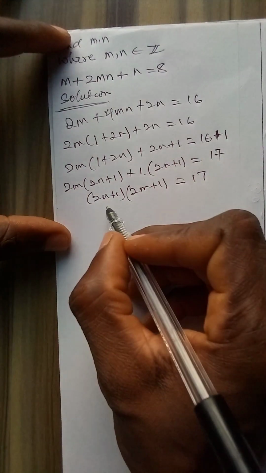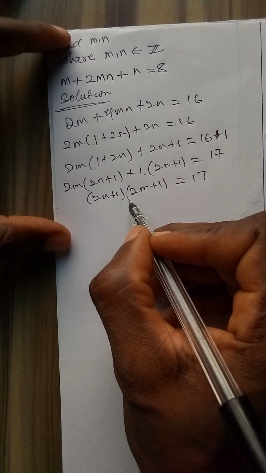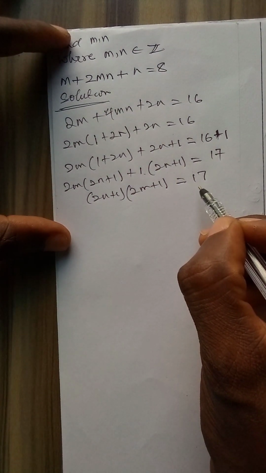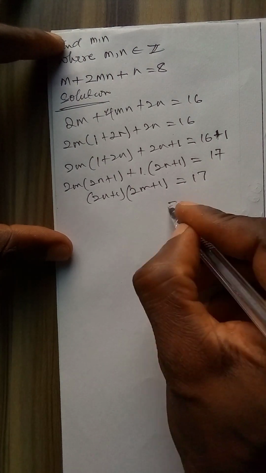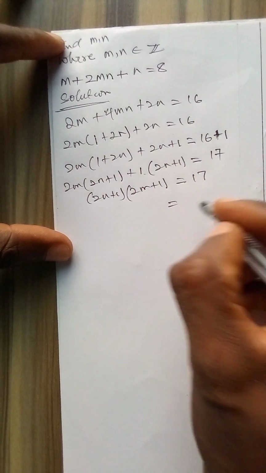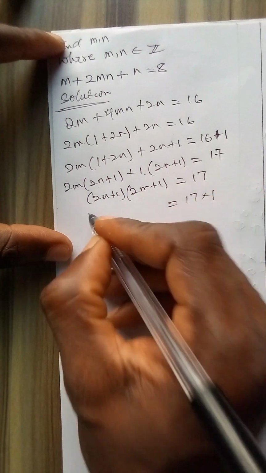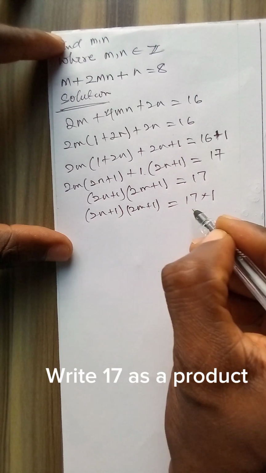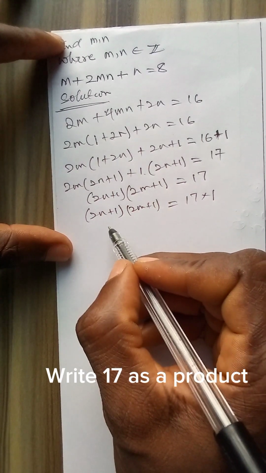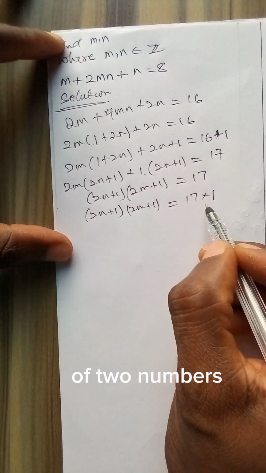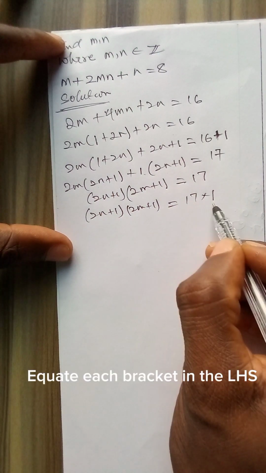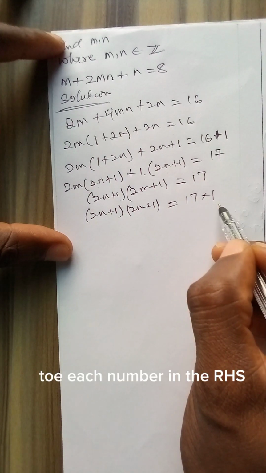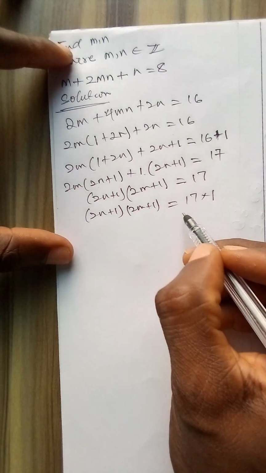Now we have run into a problem. What is the problem? We have a product on the left-hand side, but a single number on the right-hand side. But this 17, which is a prime number, can be expressed as 17 times 1. So 2n plus 1 and 2m plus 1 is equal to 17 times 1. What I'll do now is equate each bracket in the left-hand side to each number in the right-hand side. But there are other possibilities.